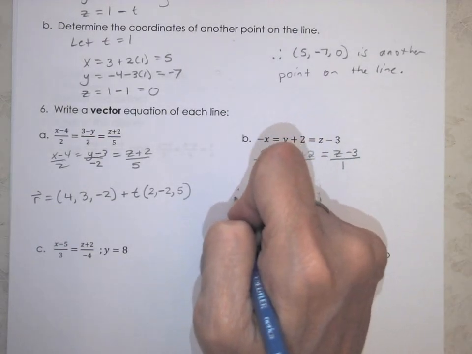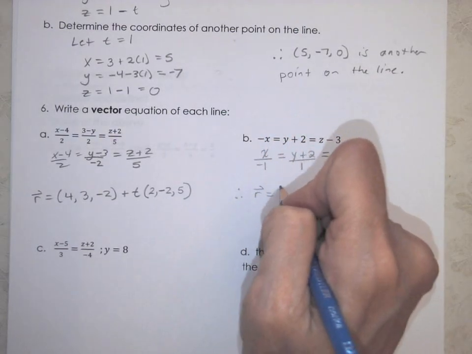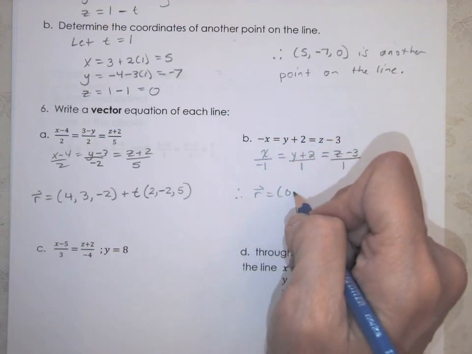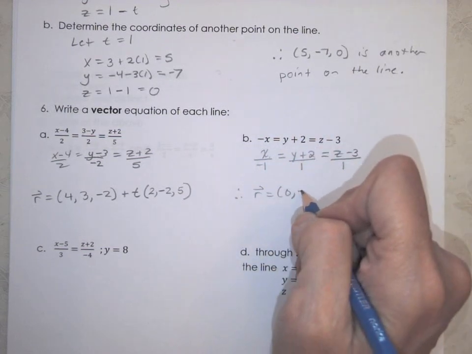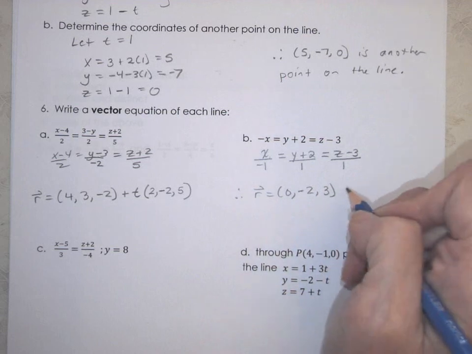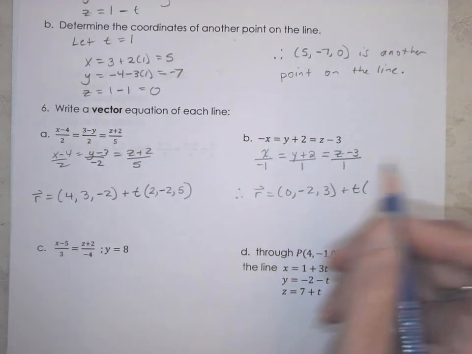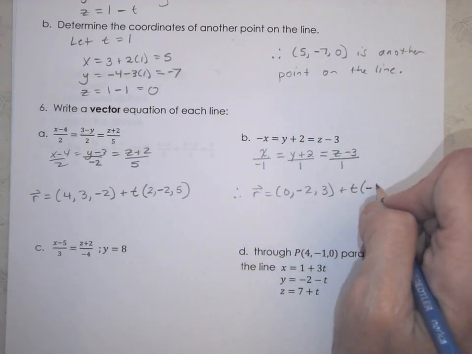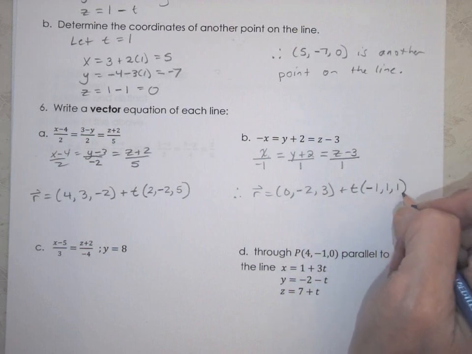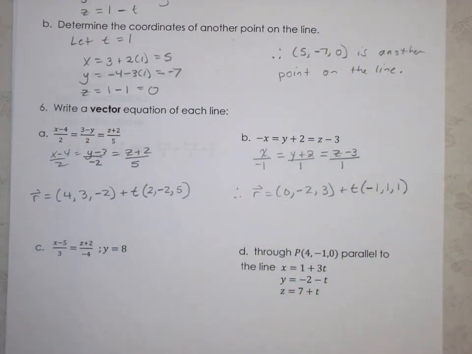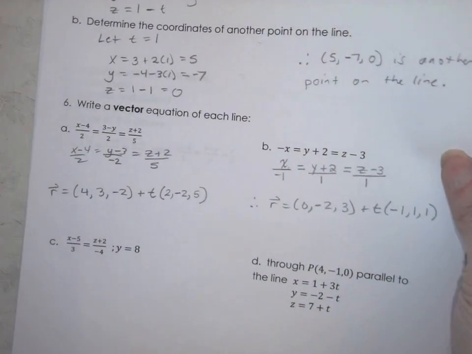The vector equation is going to be r equals (0, -2, 3), plus a parameter t times the direction vector (-1, 1, 1).